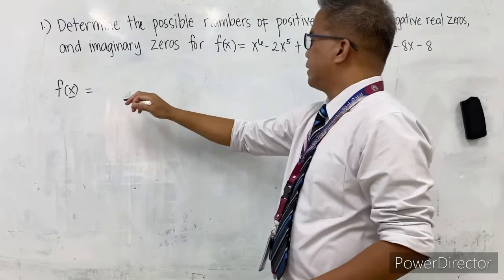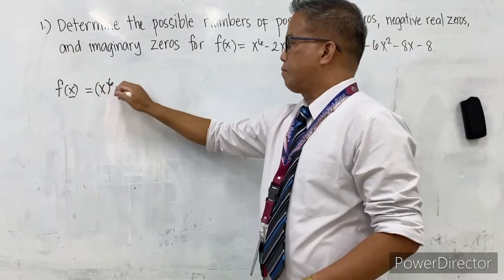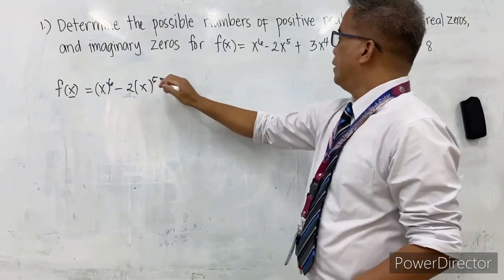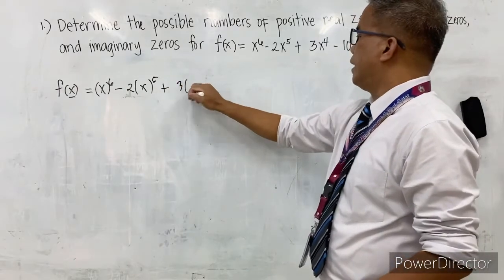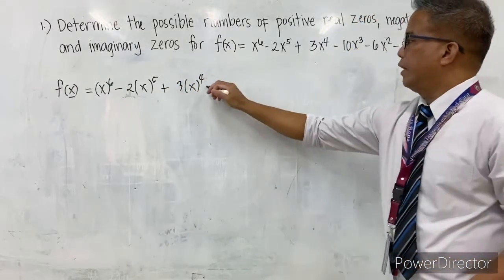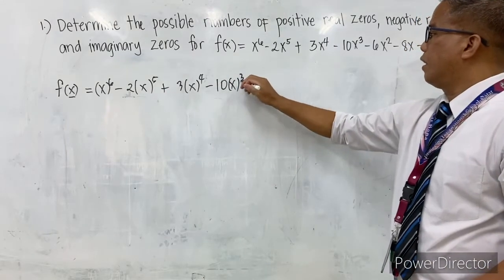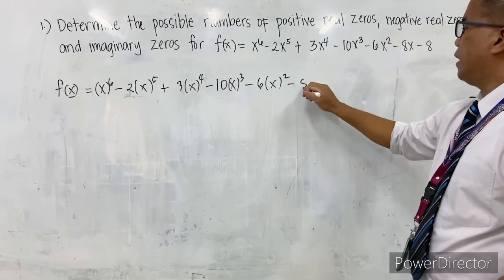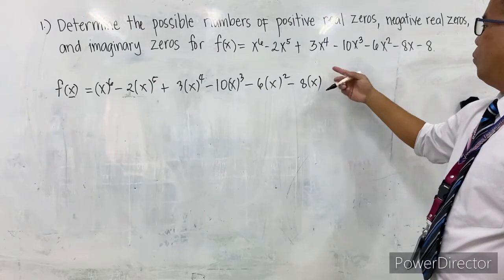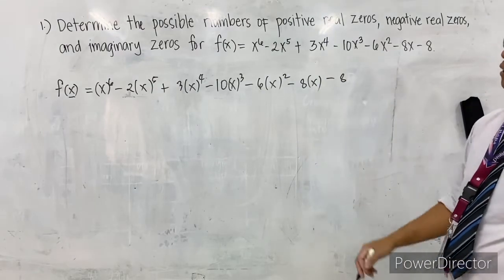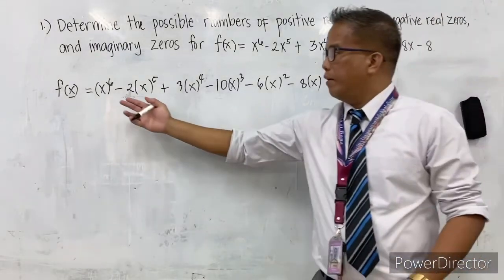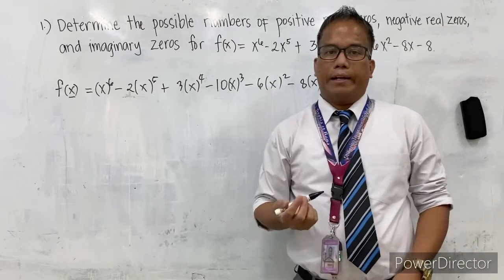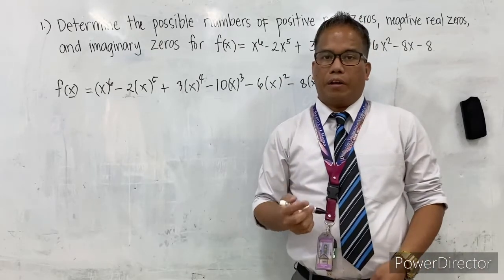We have x raised to the 6th power, then minus 2 times x raised to the 5th, plus 3 times x raised to 4, then minus 10x raised to 3, then minus 6x raised to the 2nd power, then minus 8 times x raised to 1, then minus 8. As you will see, even if we substitute the value of x here, the polynomial is still the same.